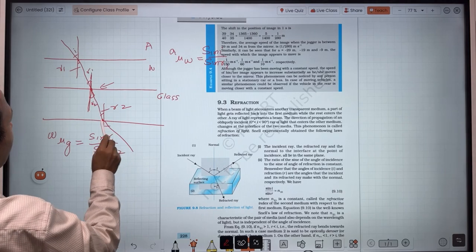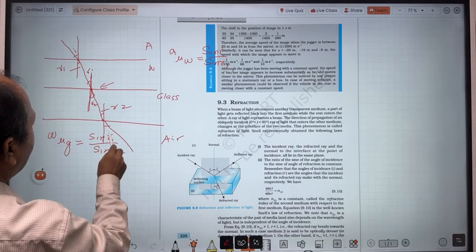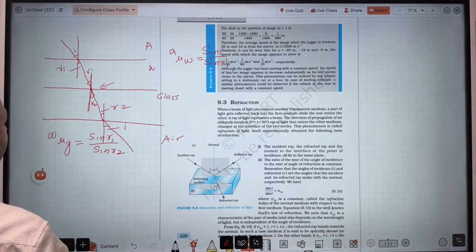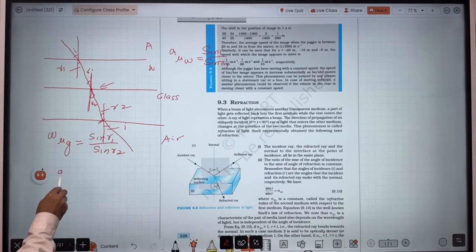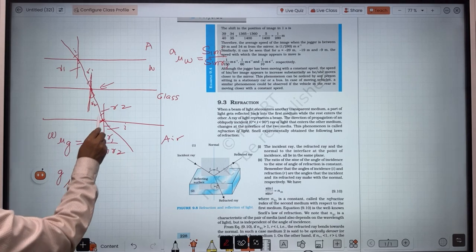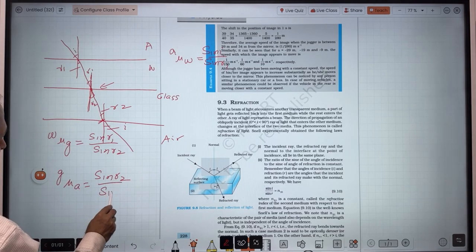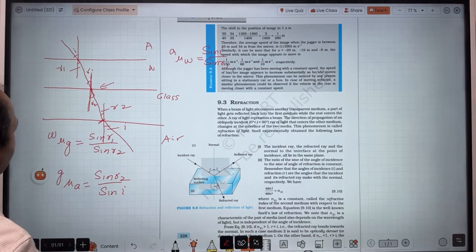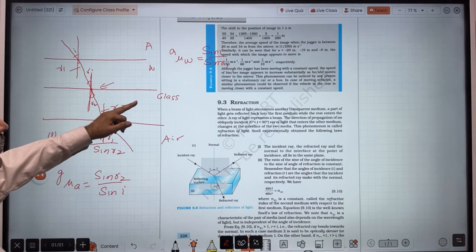Then we reach this point, and again we draw the diagram. Here this angle will be R2, and here again the ray will be parallel because it is going in air, so it will be the same angle as I. So at this point, the glass to air interface, we write G mu A equal to sine R2 divided by sine I. Now, if we multiply all three, what do we get?